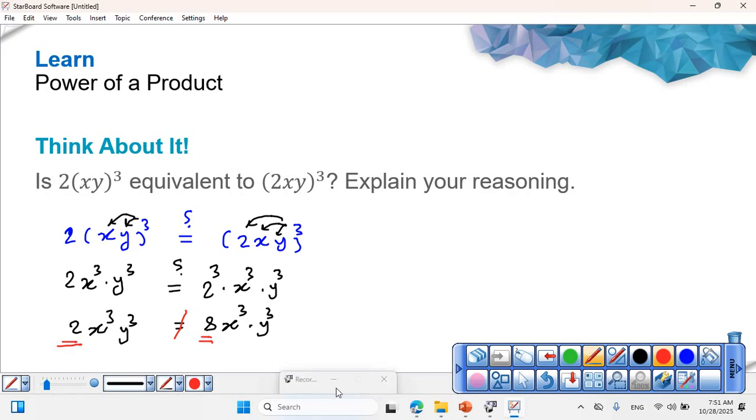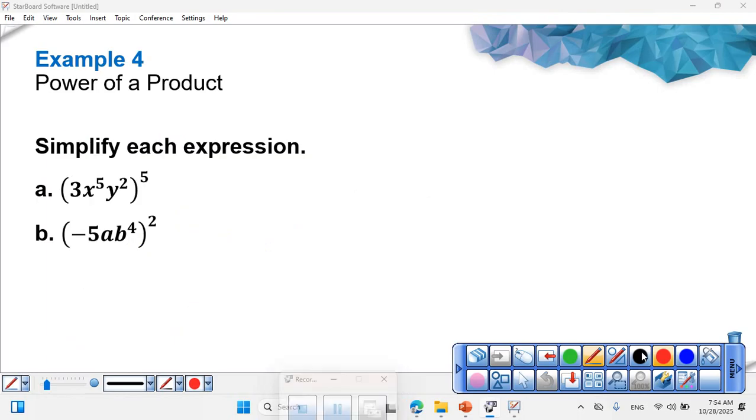Let's move to the next question. As you see here, we have 2 questions. The question is: simplify each expression. The first step, you should distribute this power to each component inside the bracket, for this and this and this. As you see here, it's easy. Now this equals 3 to the power 5 times x to the power 5 times 5 times y to the power 2 times 5.